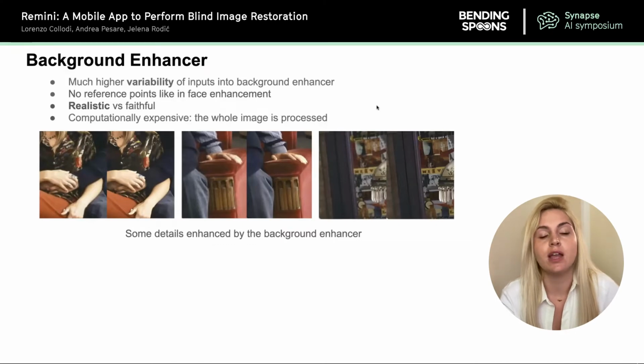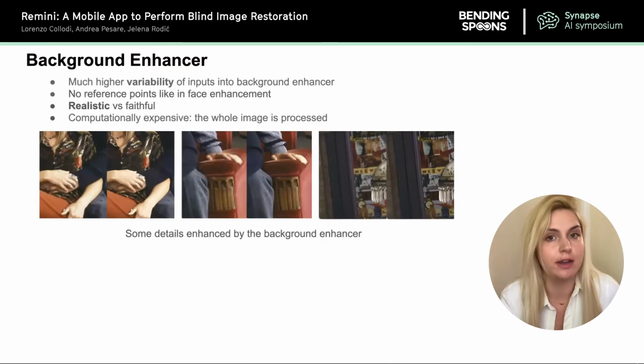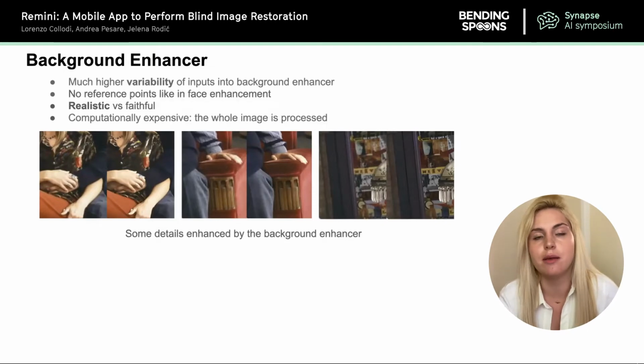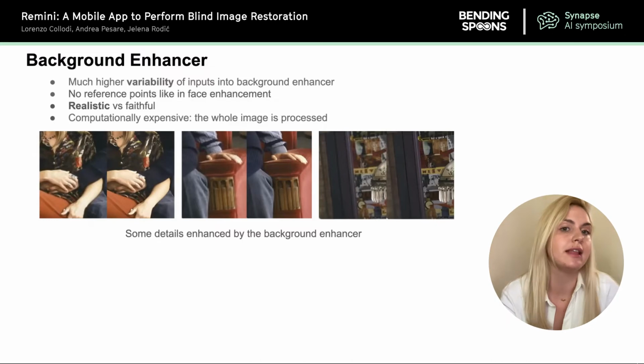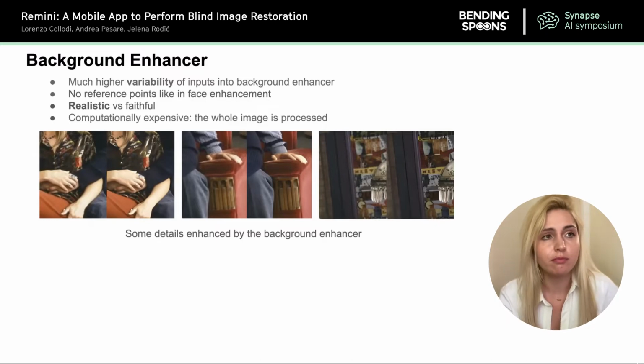Another difference between the face and background enhancer is that now we need to focus more on the final image looking realistic, meaning that when you look at the image, it doesn't have an artificial touch to it, and that is more important for us right now than faithfully recovering the details of a lamp. It needs to look like a real lamp, but it doesn't have to recover every single detail from that exact lamp which was in the setup.